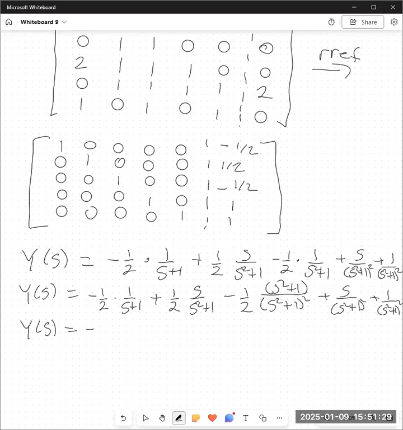So minus 1/2 of 1 over s plus 1 plus 1/2 of s over s squared plus 1.